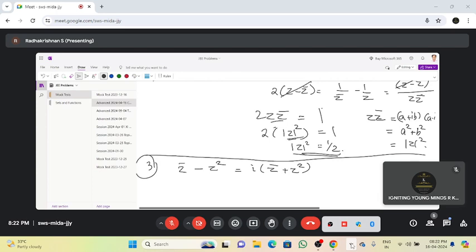Then how many distinct roots are there? How many possible values are there for z? You don't even have to find those values. All you have to find is how many roots. If you solve this, how many roots are there?